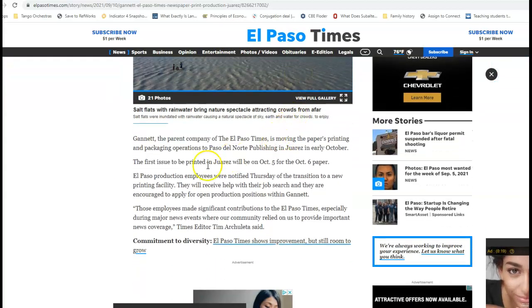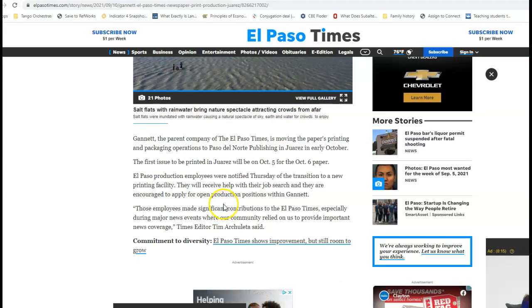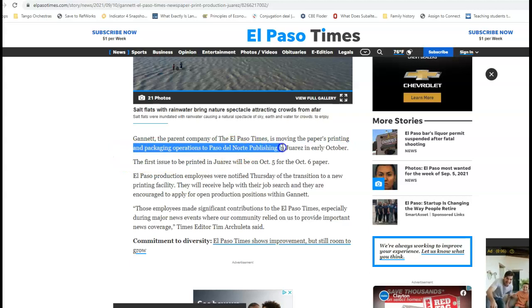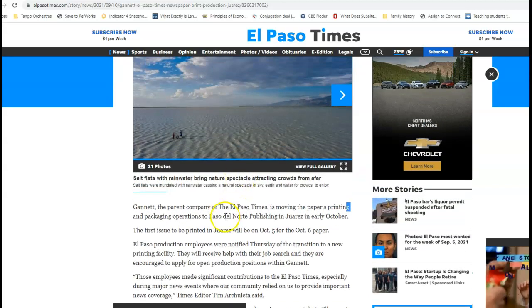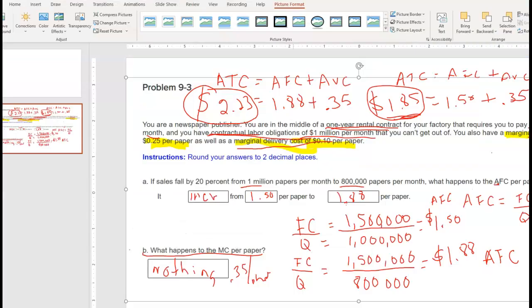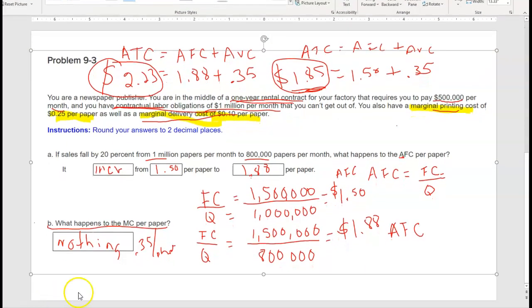And the key reason is most likely because of printing costs. Okay, so the company is moving the paper's printing and packaging operations to the Paso Norte Publishing in Juarez in early October. And so one of the reasons that they're doing this is so that they can preserve the printing costs. Okay, so that's how that problem is solved.